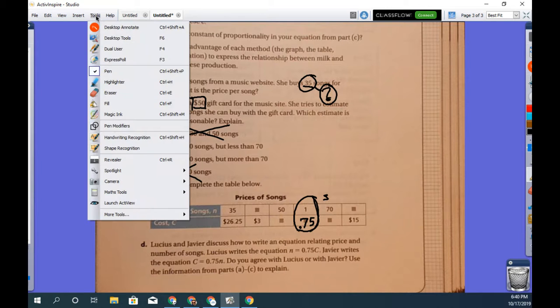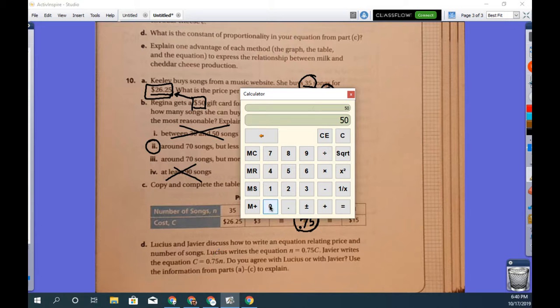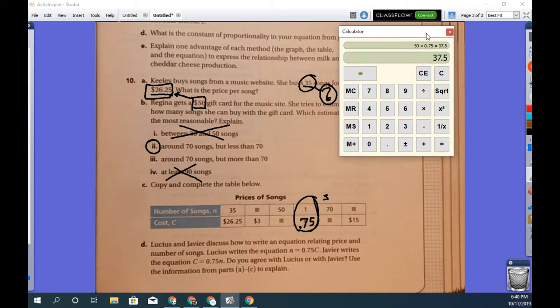So we're going to bring that calculator back. Here, I'm going to take my 50 songs, multiply it times 0.75, and I get $37.50. Yep, $37.50. Now if I want to know how many songs I get for $3, that's going to be a little bit more difficult.